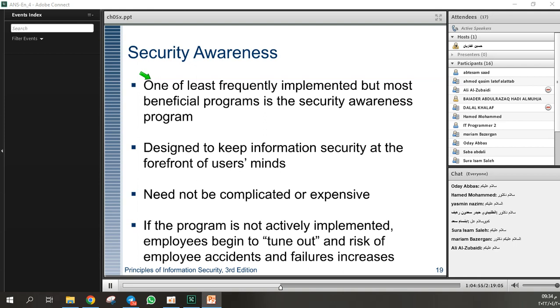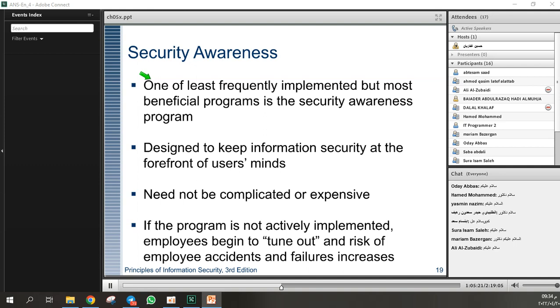Don't use, for example, the messengers inside the company. Please don't use your memory sticks inside the company, and something like that.